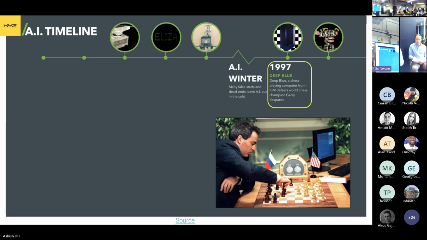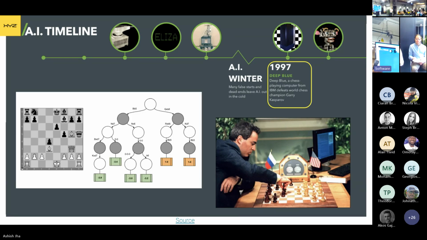What is Deep Blue? It comes from game theory, which again has overlaps with artificial intelligence. The name of the algorithm is minimax search with alpha beta pruning. Feel free to Google that.